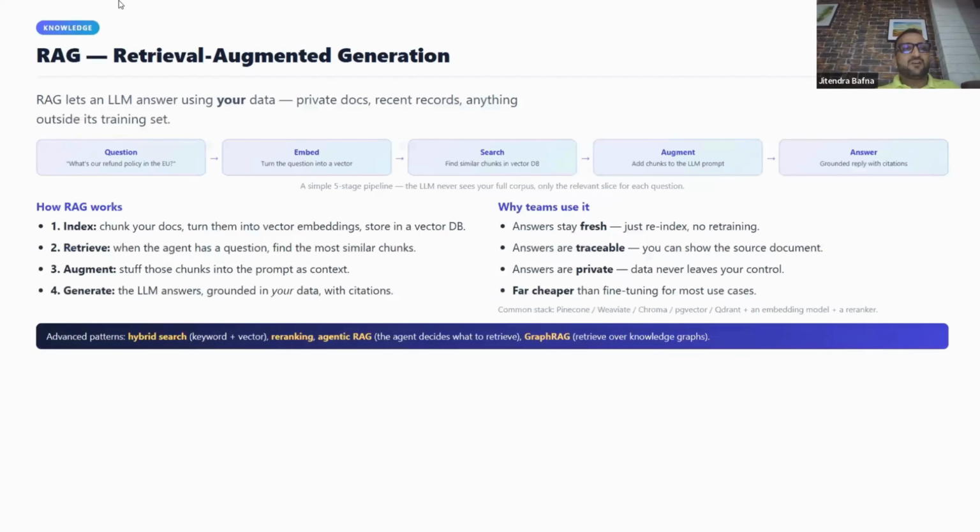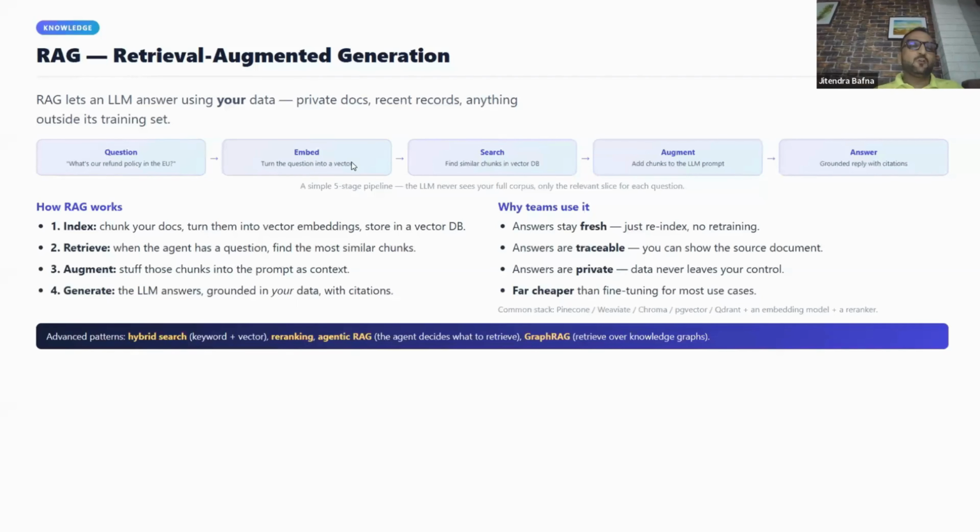So RAG, I already talked about RAG. RAG is used whenever you want to get internal information. You may have private documents or private records, where you cannot train an outside model. In that case you embed that data and store it in your vector database.